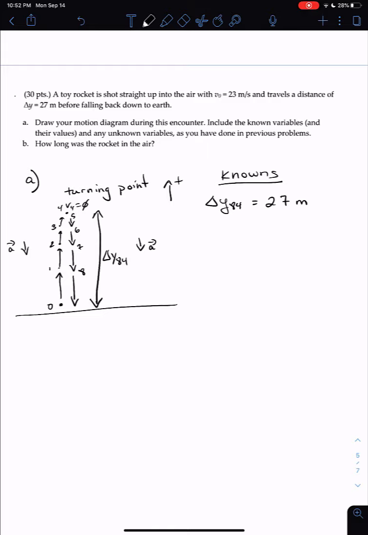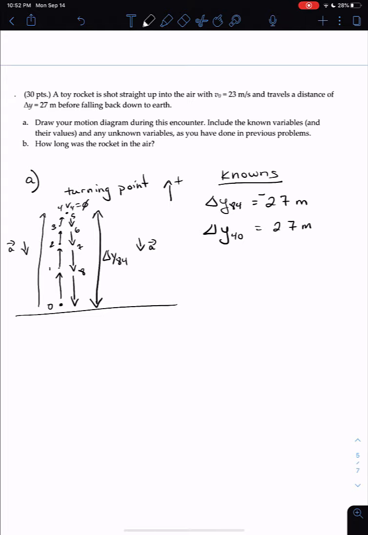All right, so I have that distance, and in fact that should be a negative distance because it is pointing downward, or it's traveling downwards. It's falling that distance down. But we can also notice that the same distance it travels upwards. So I'm going to mark both of them down, and that would be a positive distance.